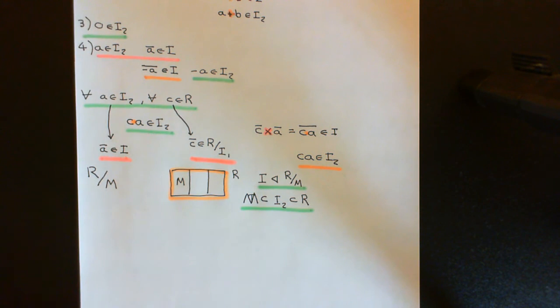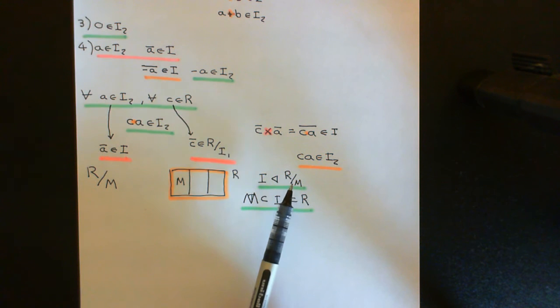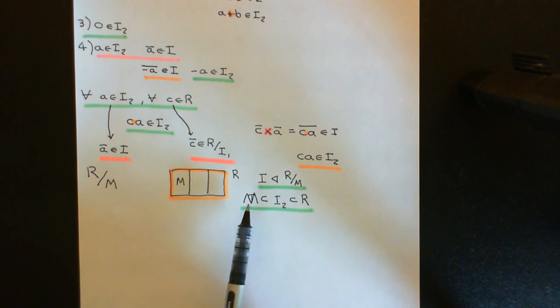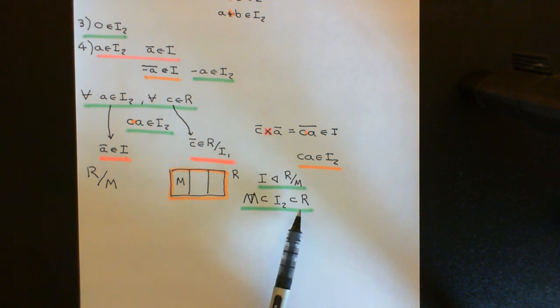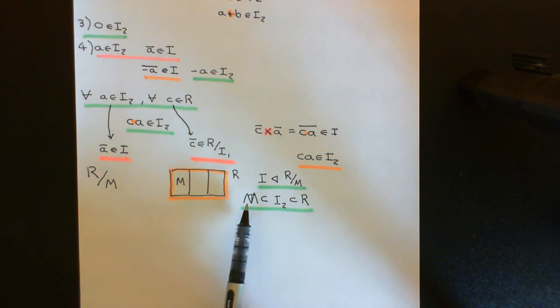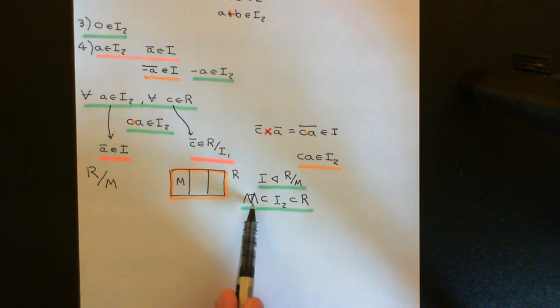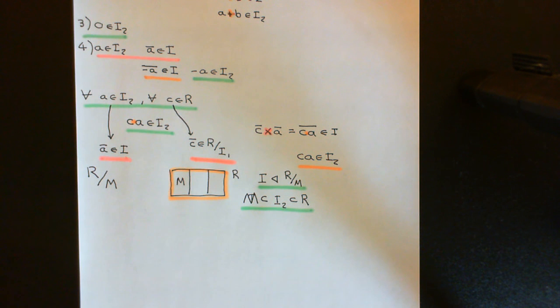Basically, you can't have any other proper ideals in the quotient ring here, otherwise there would be a corresponding ideal that was in between the maximal ideal and R, and it properly contained M and it was properly contained in R, and that's a contradiction of M being a maximal ideal in R.